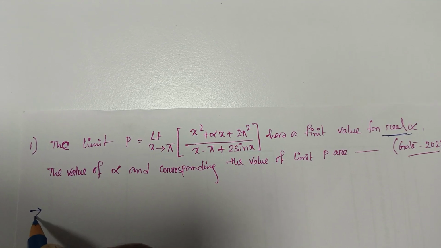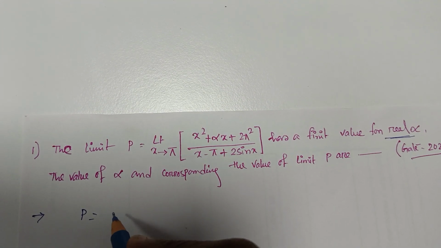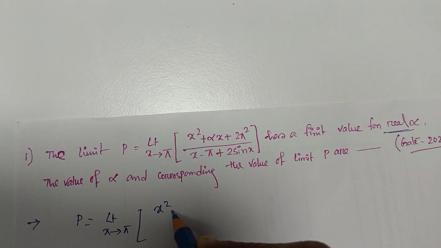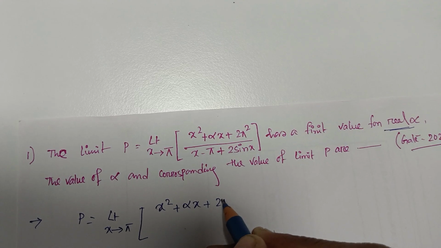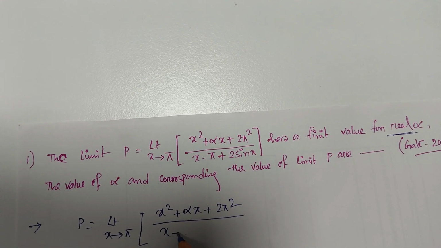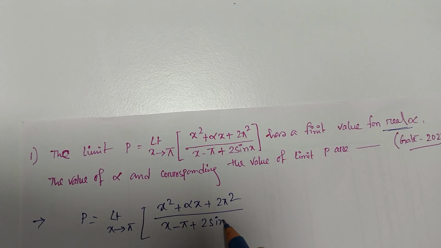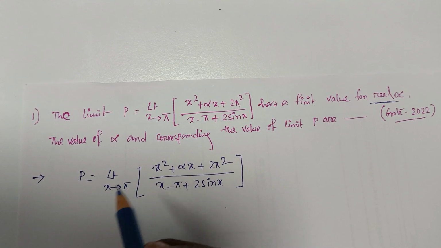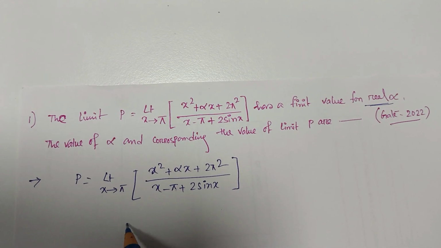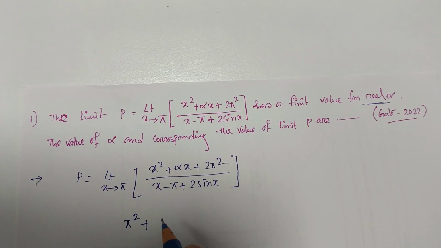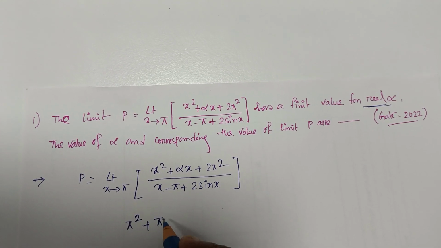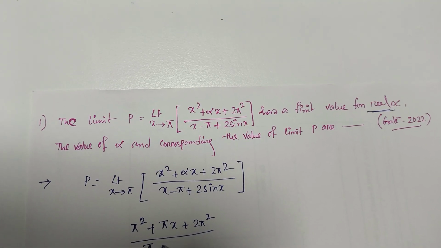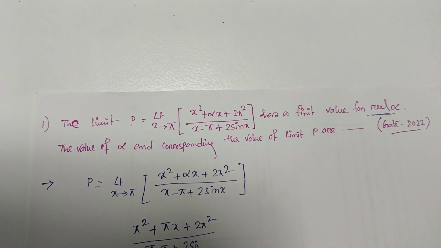So the limit value P is equal to limit x tending to pi of x square plus alpha x plus 2 pi square upon x minus pi plus 2 sin x. If we put the value of x into this equation, we get pi square plus alpha pi plus 2 pi square by pi minus pi plus 2 sin pi.